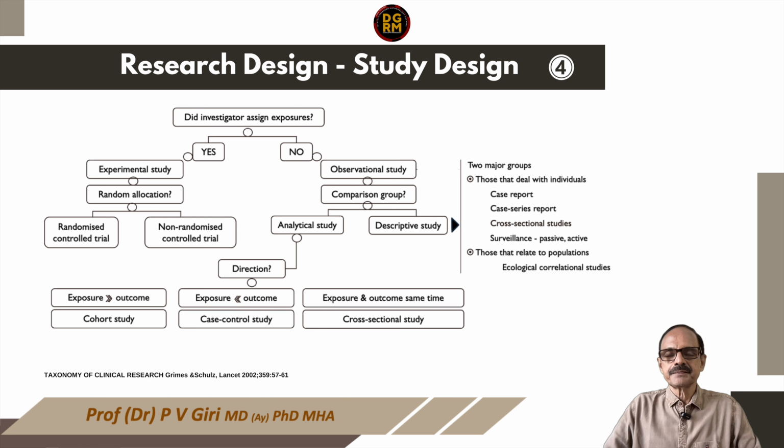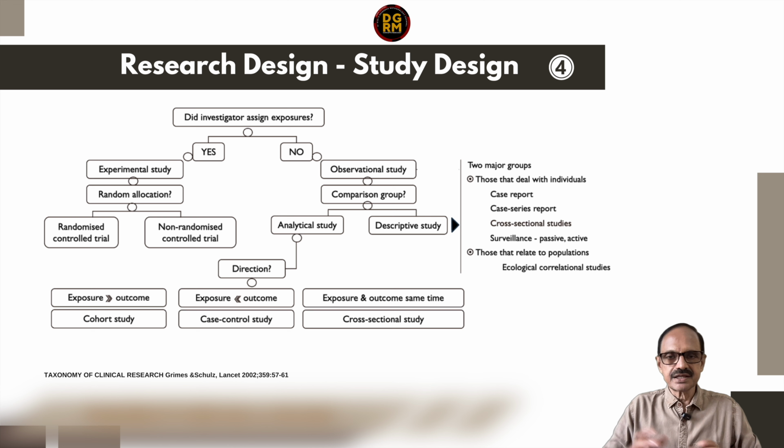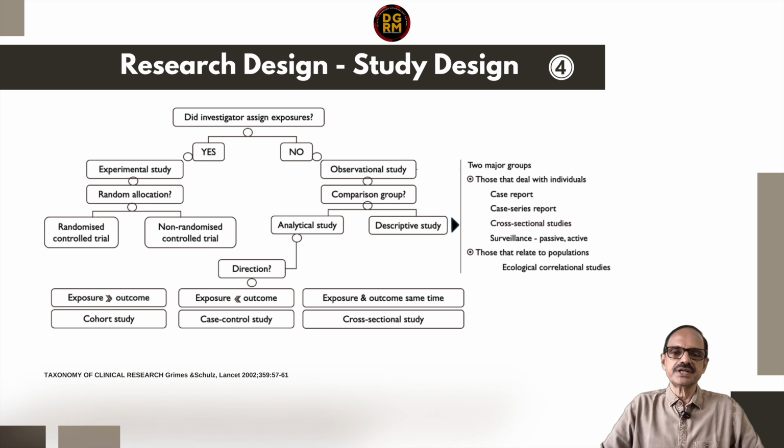Otherwise, it is a non-randomized control trial or quasi-experimental design. Coming to the observational study, there are two groups: descriptive study and analytical study. If there is a comparative group, then it becomes an analytical study. Otherwise, it's a descriptive study only.